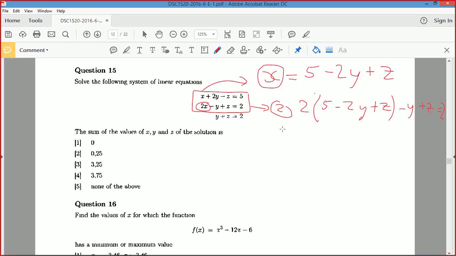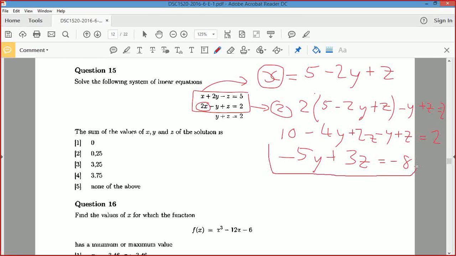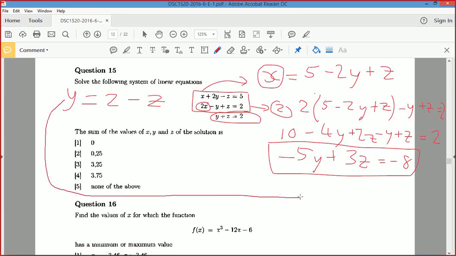So 2 times 5 is 10 minus 4y plus 2z minus y plus z equals 2. Let's work that out now. This is minus 5y plus 3z. That goes across, it becomes minus 8. And then I had y equals 2 minus z, and I can plug this into that equation.